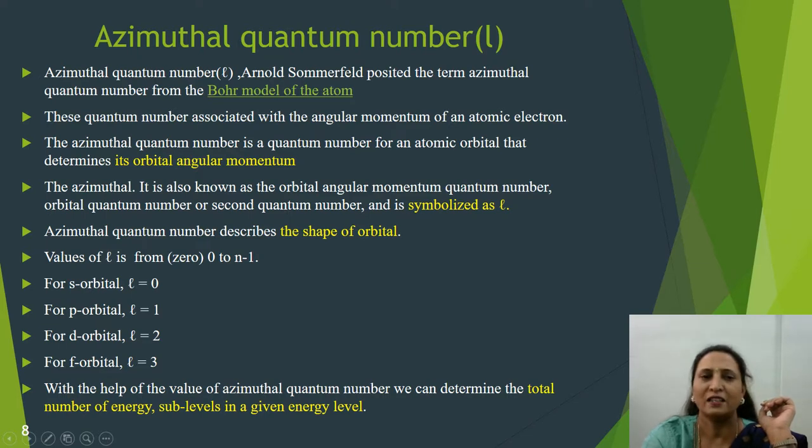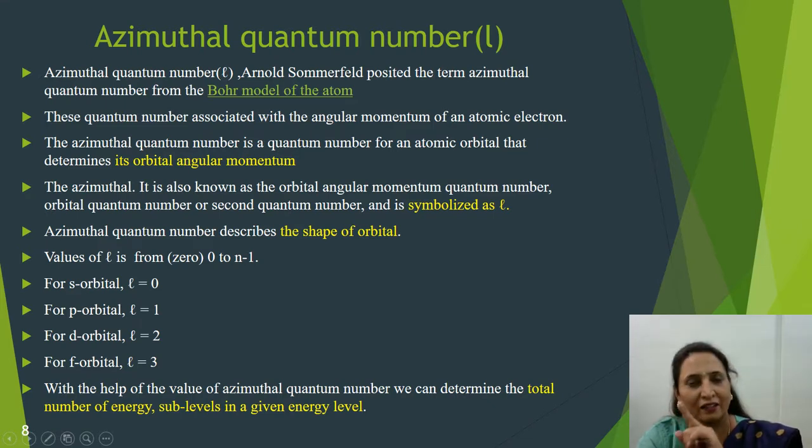So, for s orbital, l is equal to 0. For p orbital, l is equal to 1. For d orbital, l is equal to 2. And for f, it is 3. That means when the l value is 0, you can immediately identify that it is the s orbital. When the l value is 1, it is the p orbital. When the l value is 2, the electron is present in a d orbital.